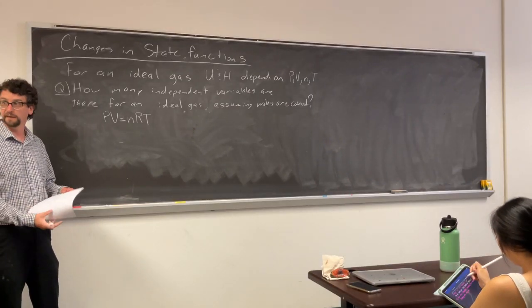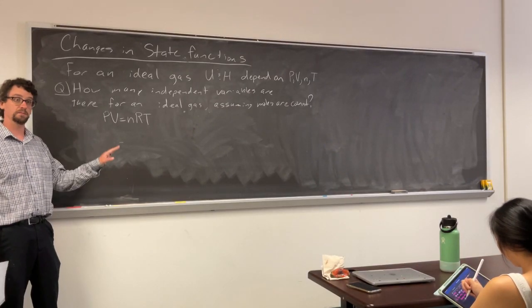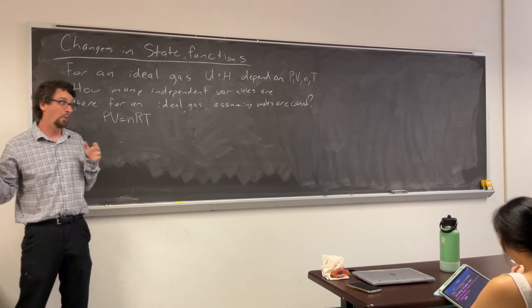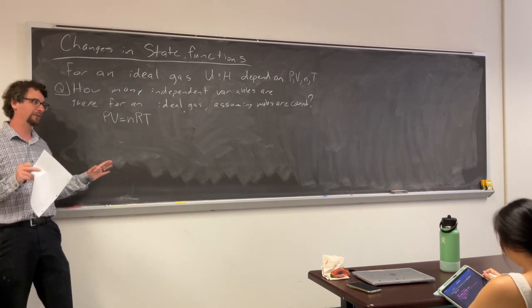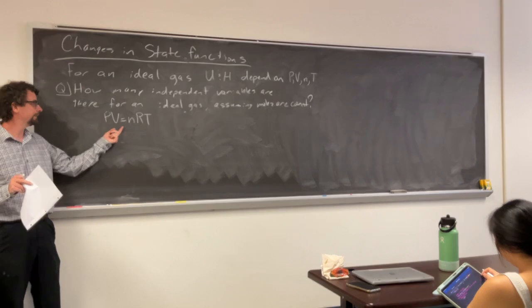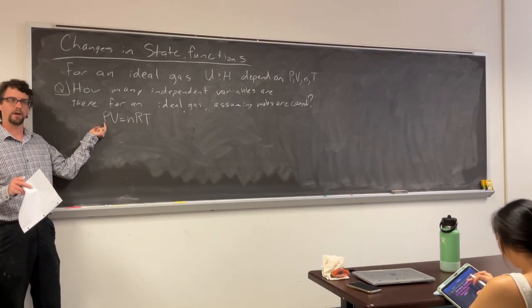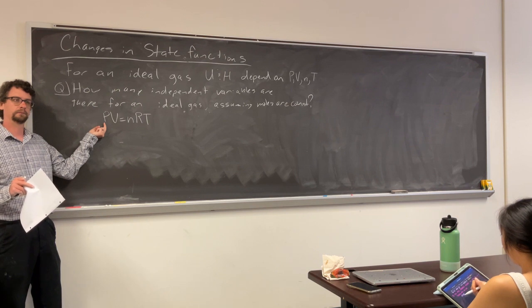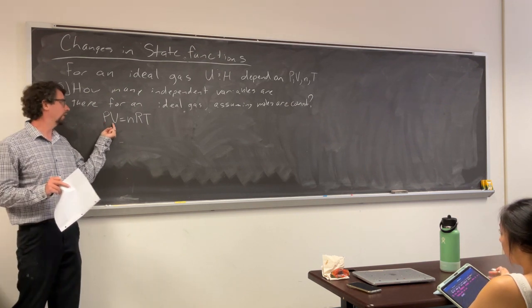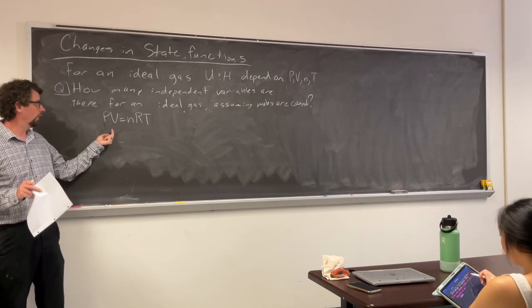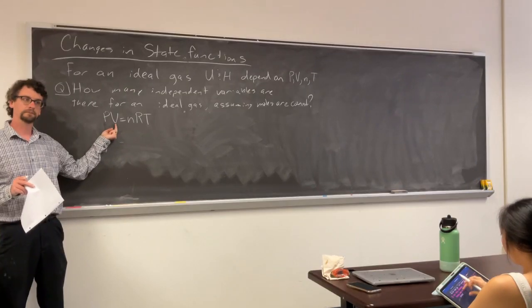So moles are constant in this case. We're not going to worry about changing moles, in fact, for a while, for the remainder of the semester, probably closer to the end. So if we want to know pressure, what do we got to know? Volume and temperature. Yep. If we want to know volume, what do we got to know?